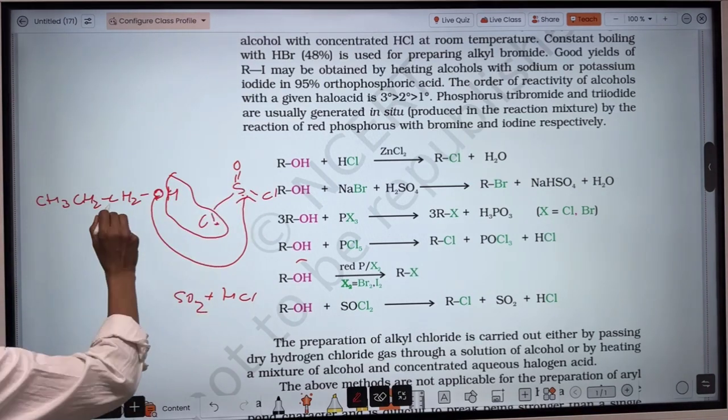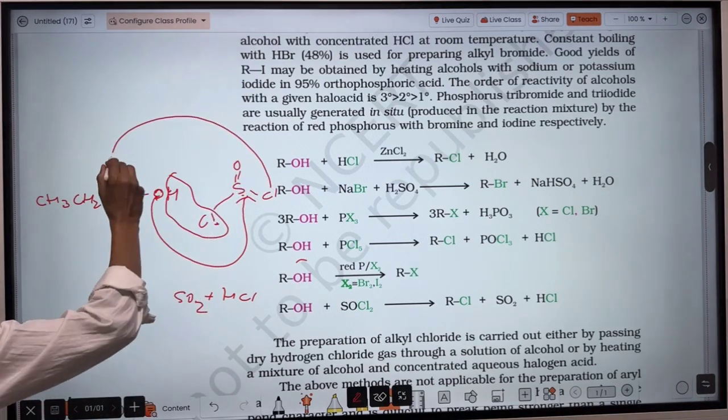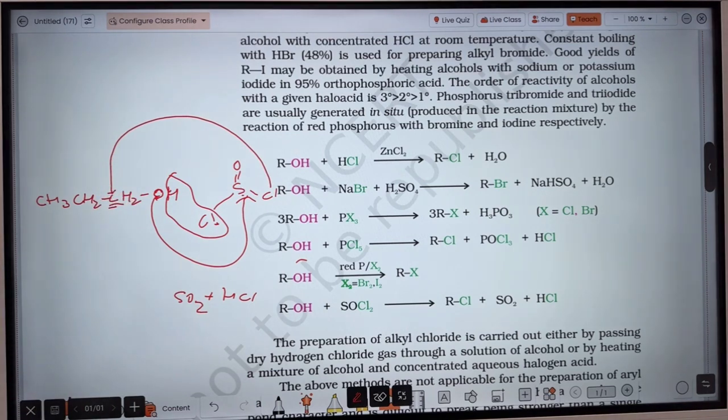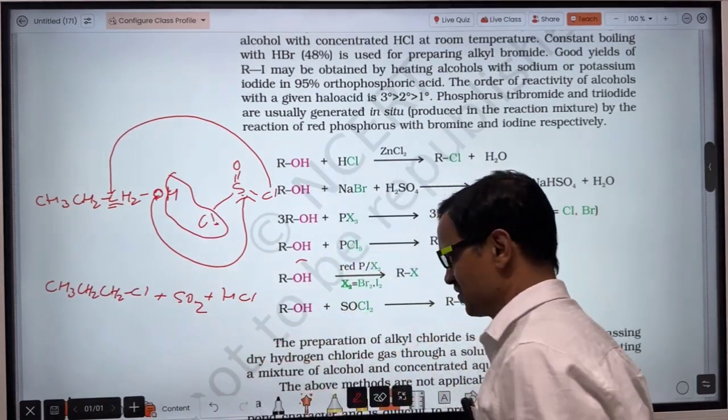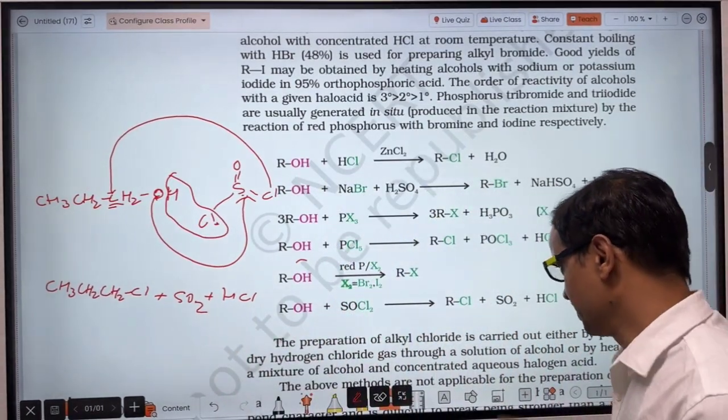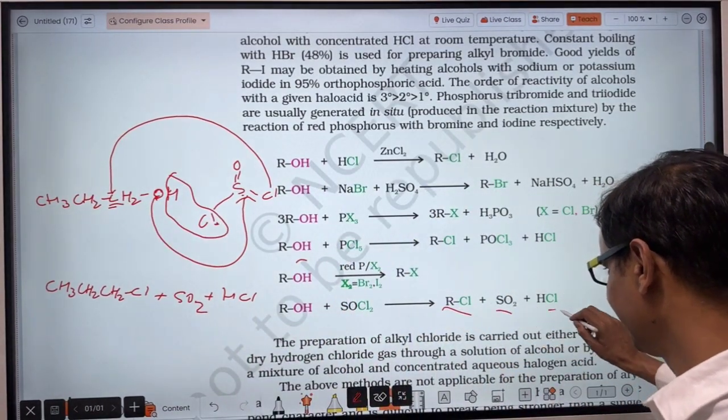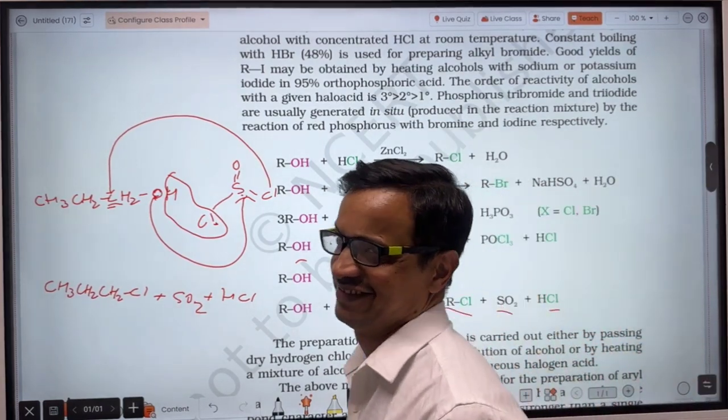And then, this carbon valency is left, so this chlorine combined to this carbon. So when the alcohol reacts with SOCl2, there will be formation of haloalkane, SO2 gas and HCl gas.